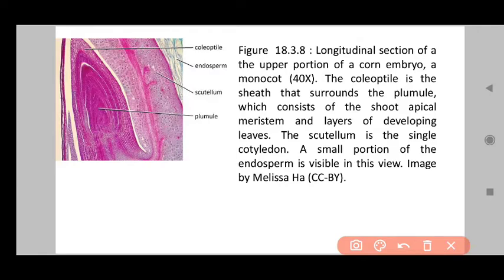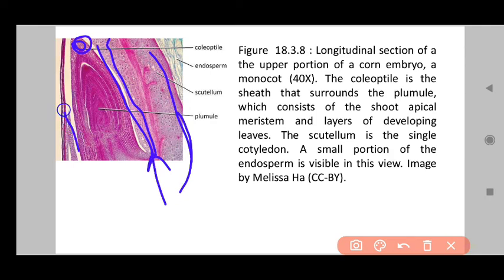So this was the saffron staining on the mature seed of a monocotyledon. In this seed you can clearly see the coleoptile, and the rest of the part that did not take part in germination, that is the endosperm, which helps with nourishment.